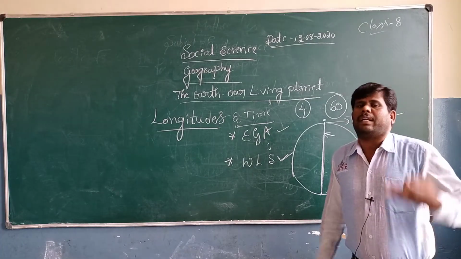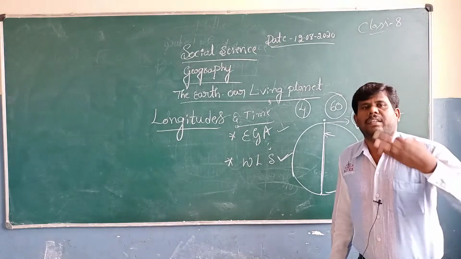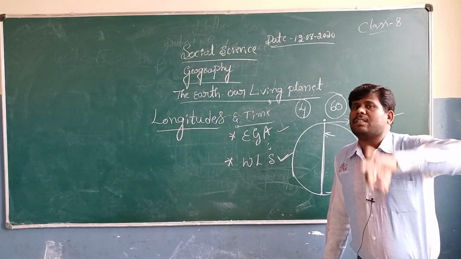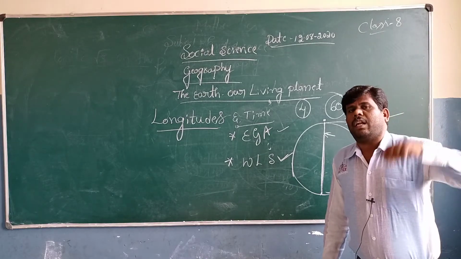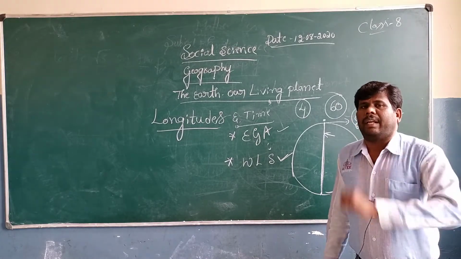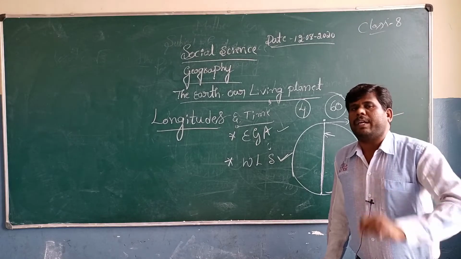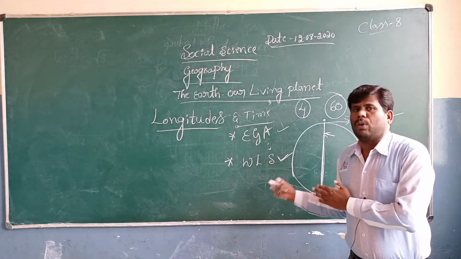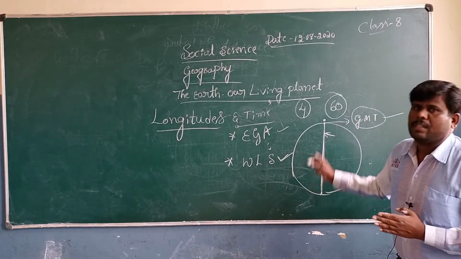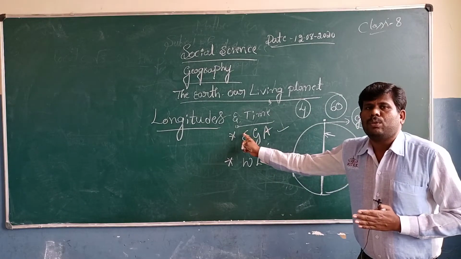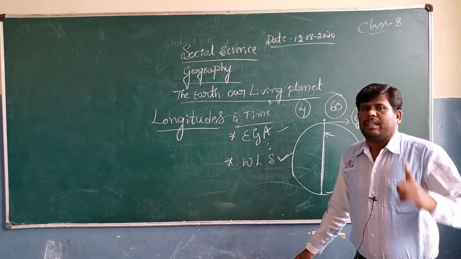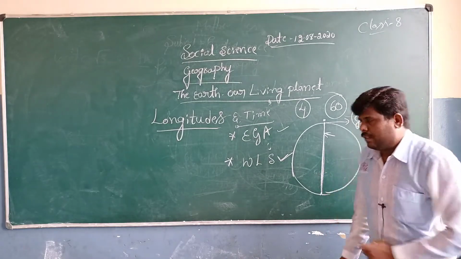We do this to avoid confusion of day and date at the international level, not for India. We follow this method. If we cross from east to west, what can we do? We can add a day and date.